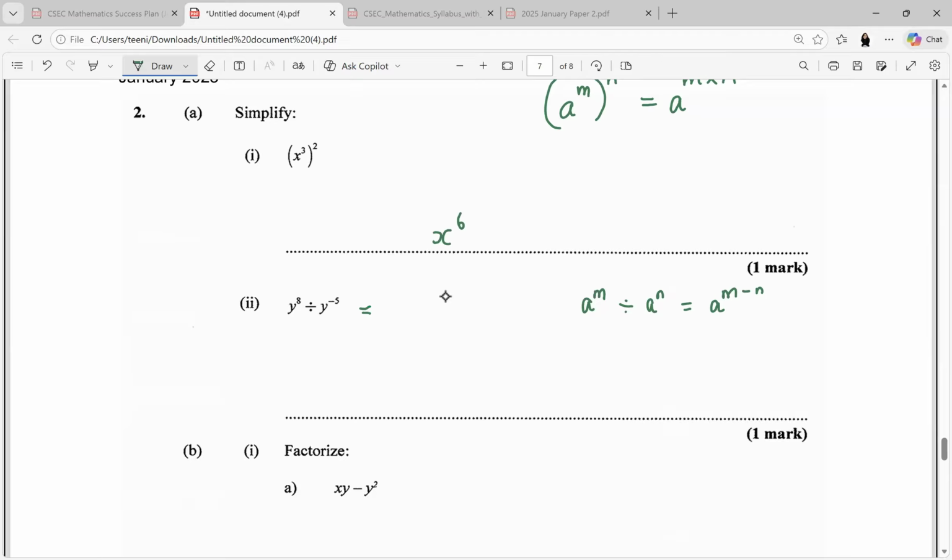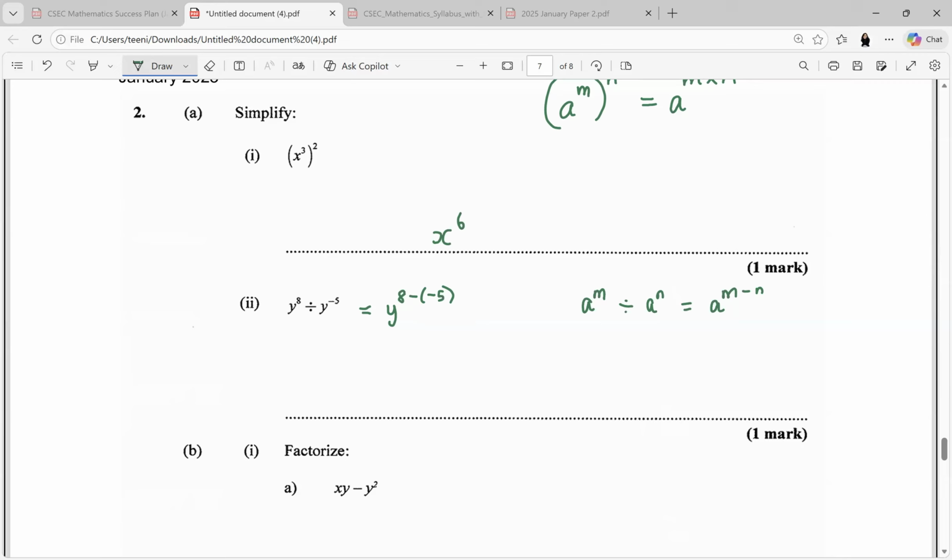Y to the power of 8 minus negative 5. That's right. Which would be what? Y to the power of 13, because it'll be y to the power of 8 plus 5, which is 13, right?